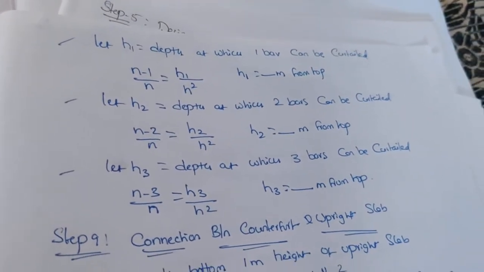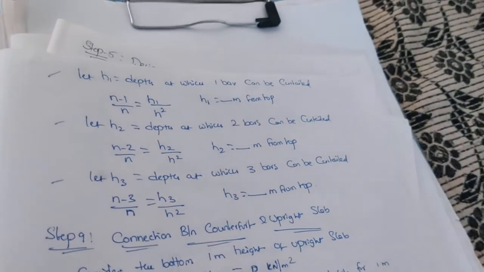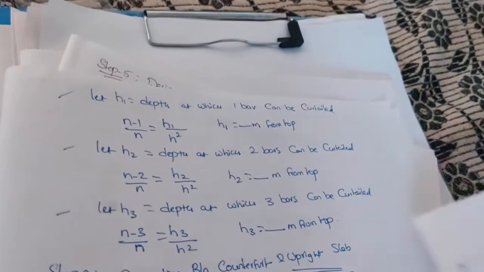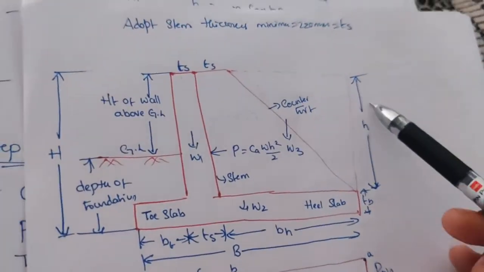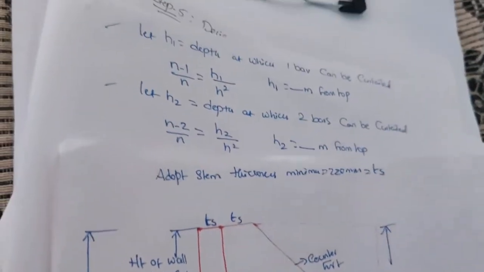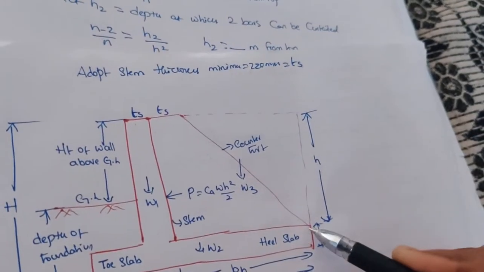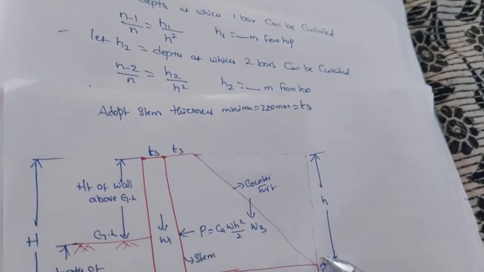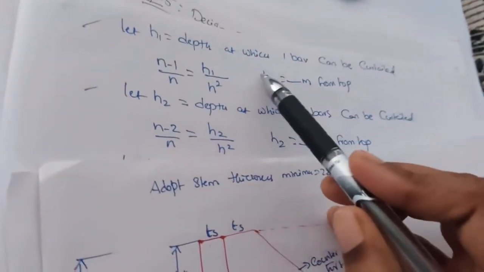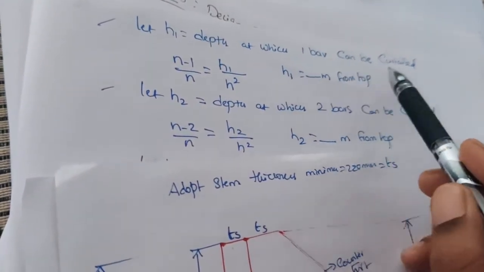So when you see in the diagram, what is meant by H? This one is the height of the stem. So from here, H1, from this point 1 meter, 1 bar you are providing there. So H1 is equal to the depth at which 1 bar can be curtailed.